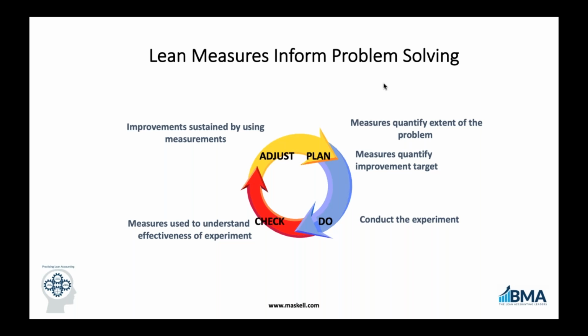So if you were measuring defects on a daily basis, you should be at 25% or better. If all of a sudden it's going back up to 40% on a consistent basis, well, that's an indication that something's wrong. So again, the measures tell you what's going well and what's going poorly.